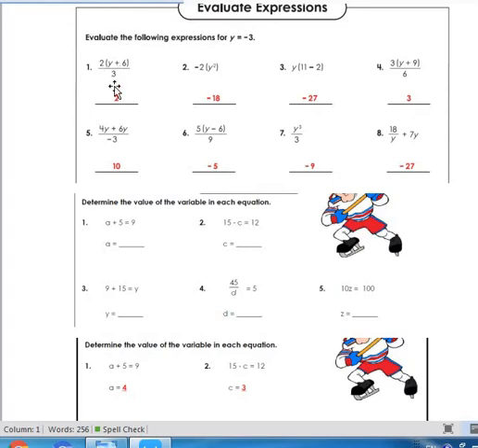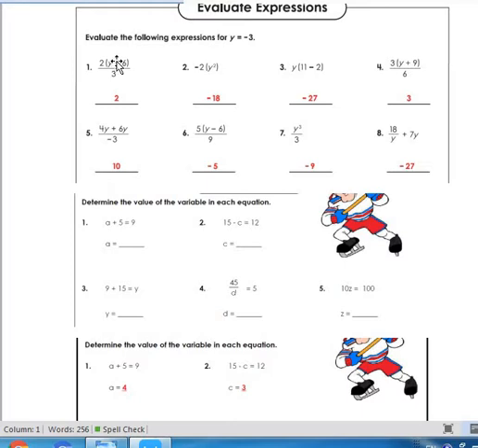Then what should I do now? I said parentheses means brackets. I have here -3 plus 6. What should you do? 6 minus 3 equals 3.